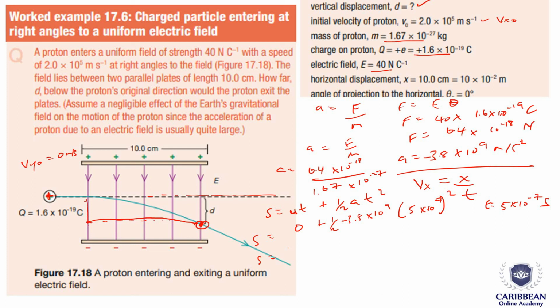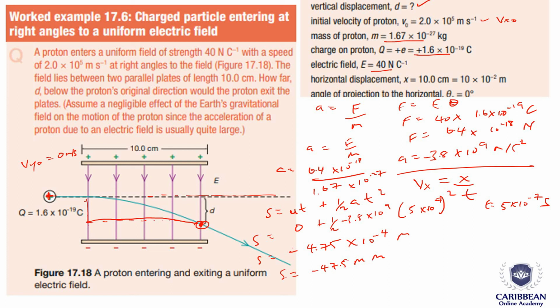Okay, so the distance in this case is going to be negative 4.7 times 10 to the minus 4, in meters. Or you could say S is equal to negative 47.5 millimeters. Very, very small. So that is the distance that the thing was below. That is where it actually exits the system.